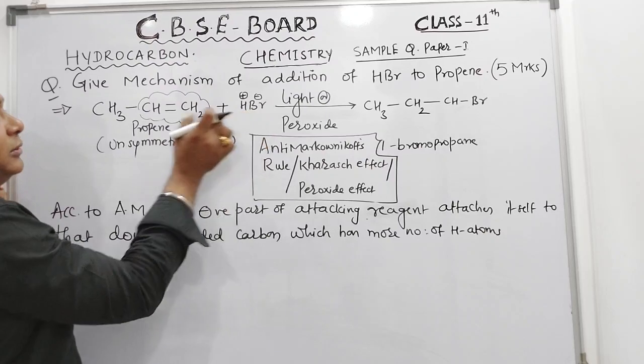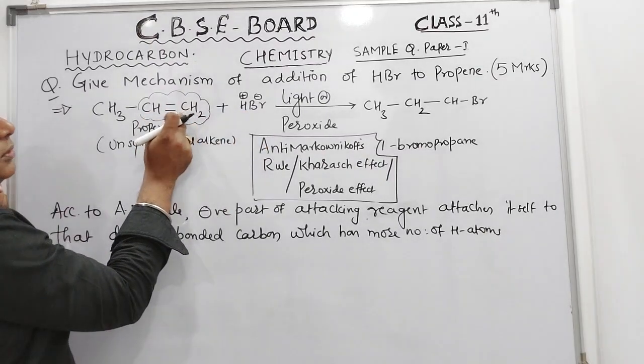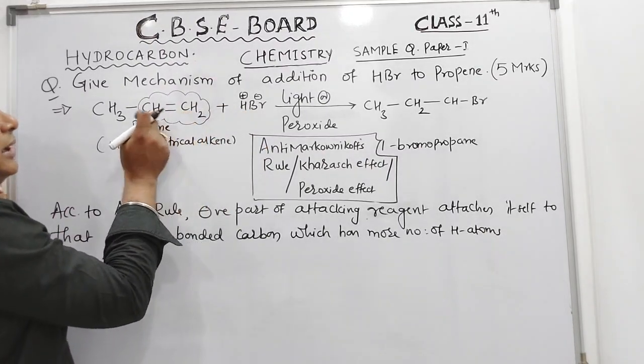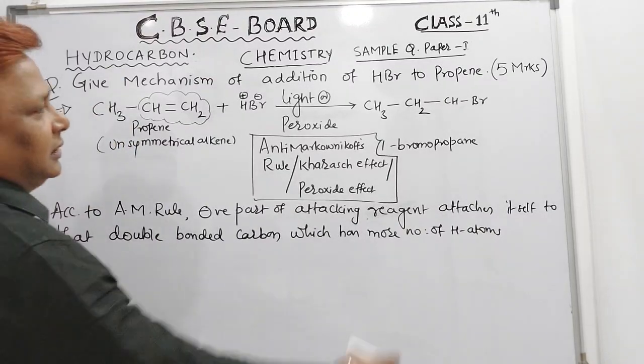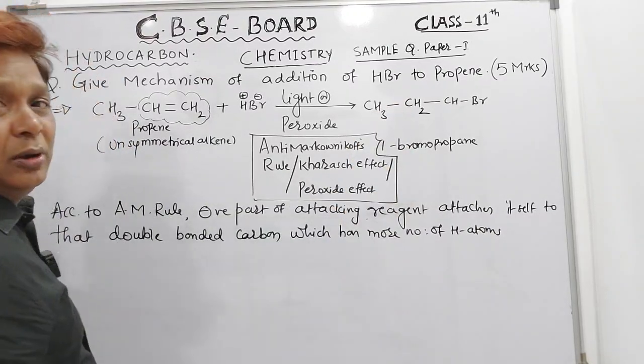Br minus will attack that double bonded carbon which has more number of hydrogen. So Br will attack here, H will attack here, more number of hydrogen. And we get the product called 1-bromopropane.